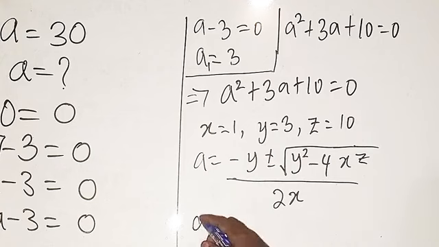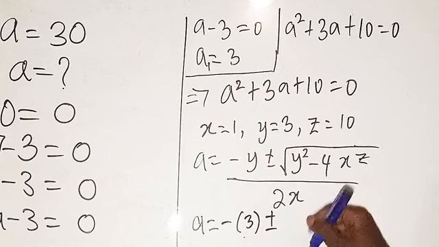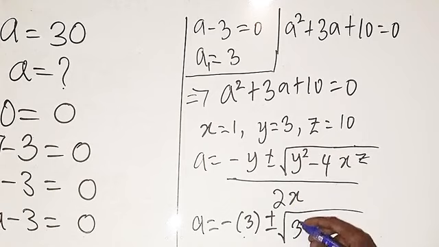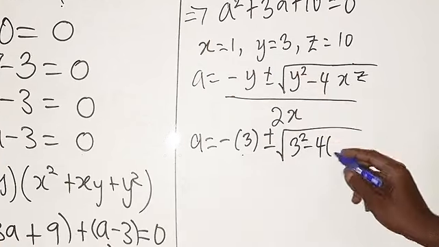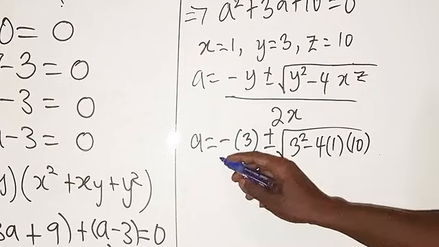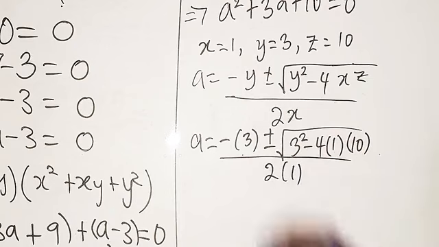Now from here we have a equals minus 3, since y is 3, plus or minus the square root of 3 squared minus 4 times x, which is 1, times z, which is 10, divided by 2 times 1 because x is 1.